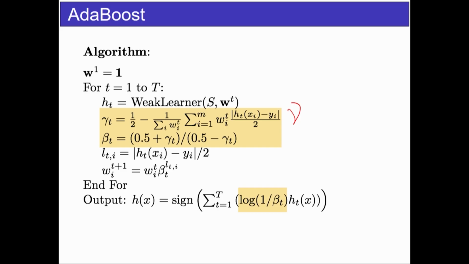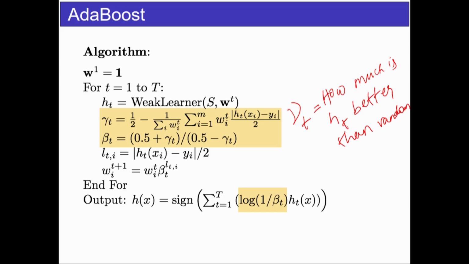Don't forget about the math there. What this gamma t is telling is how much better than random ht is. Which is what gamma was, but now we have gamma t.